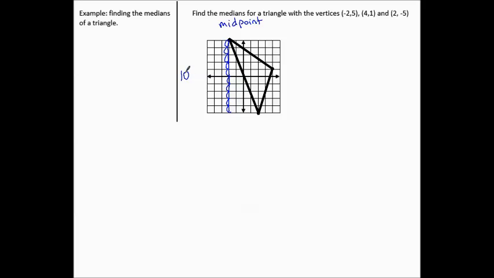The middle is halfway, so 5 steps down. 1, 2, 3, 4, 5. So my first midpoint is at (0, 0).